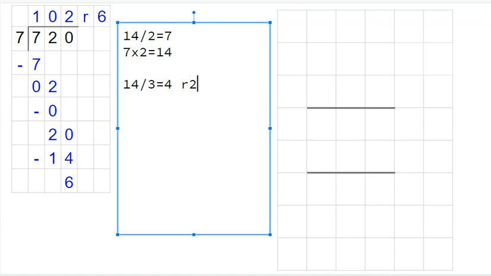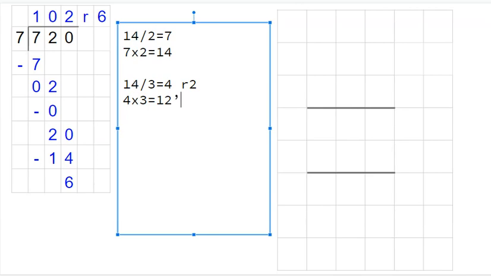Let's watch how this will still work. So if we divide, let's do the opposite. Let's multiply. Let's take our quotient, our answer of 4, times our divisor, what we divided by, so 3. That gives us 12. Wait a minute, 12 is not the same as 14.